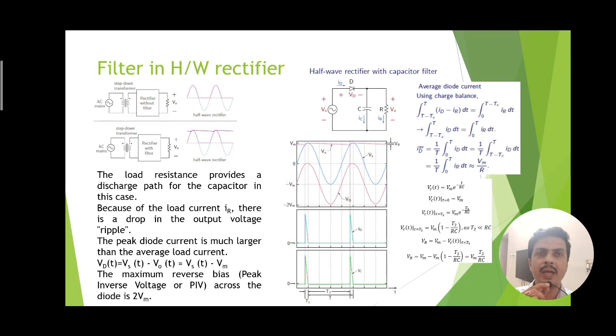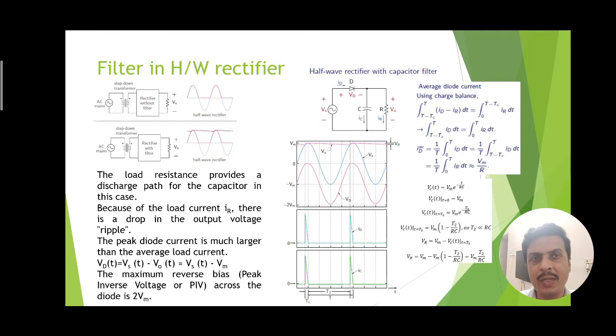The filter in a half wave rectifier is an important element which eliminates the ripple and produces a constant DC voltage. As shown here, in the half wave rectifier the peak value is obtained for the positive cycle, and for the negative cycle we get no output.